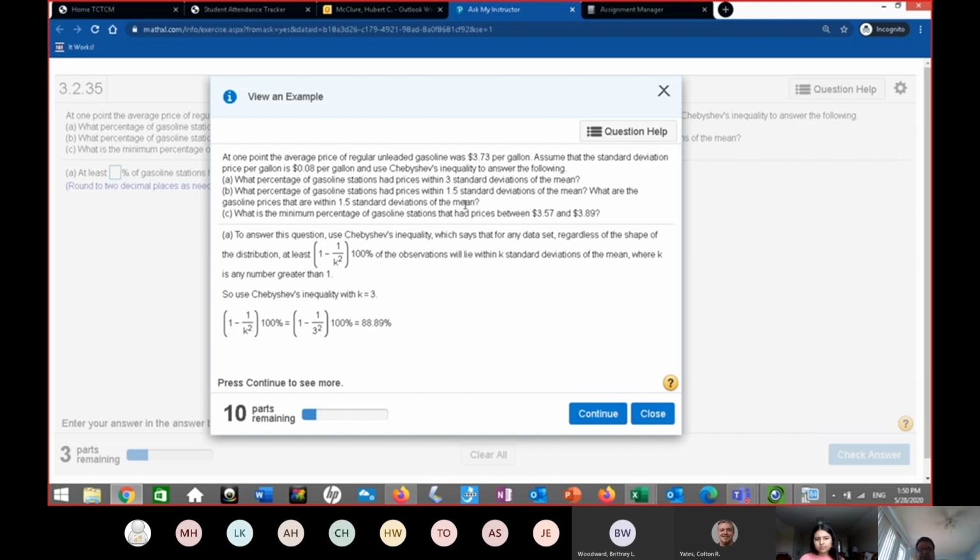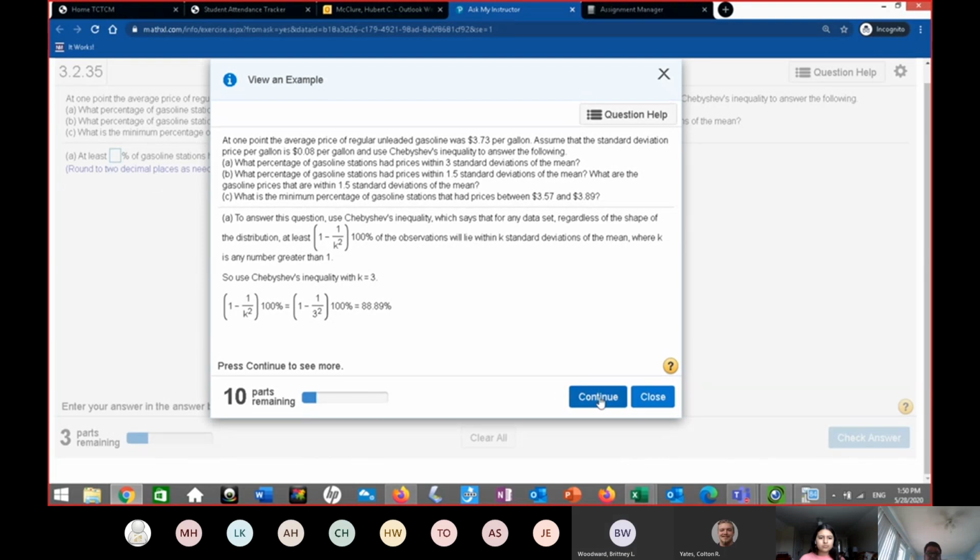We said the standard deviation is 8 cents, so half is 4 cents. 4 cents right here would be 3.85, and 4 cents from here would be 3.61. So between 3.61 and 3.85 should be your answer for B.